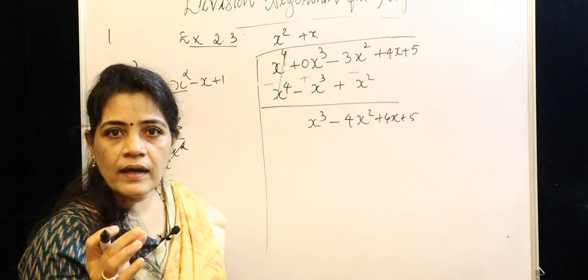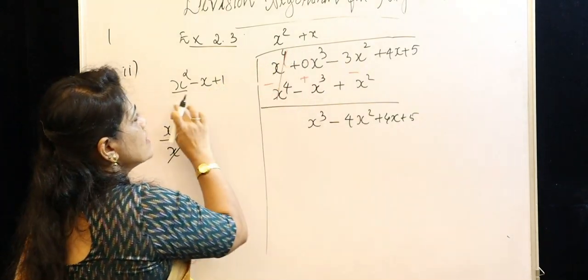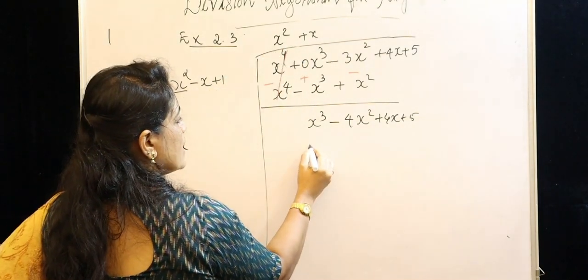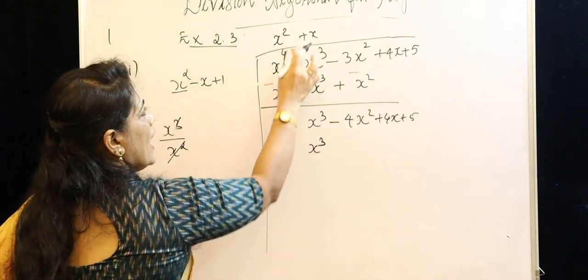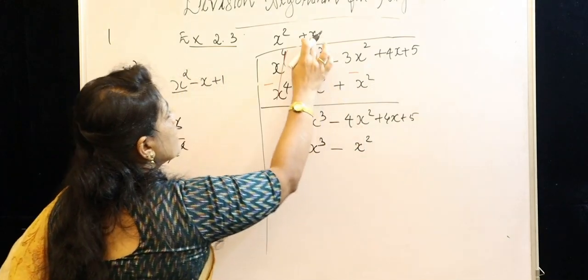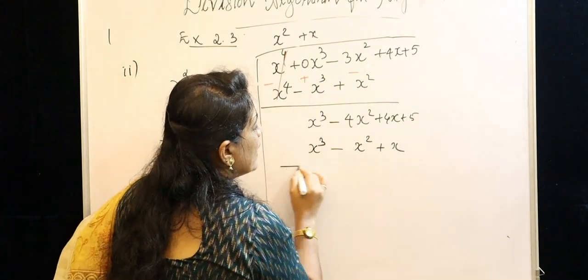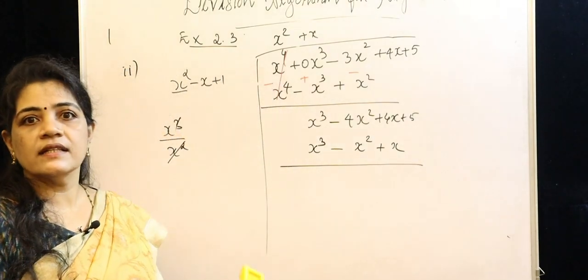Okay, multiply this whole g of x with x: x into x square, that is x cube, x into minus x square, and x into plus 1, plus x. Okay, and next is change the sign.